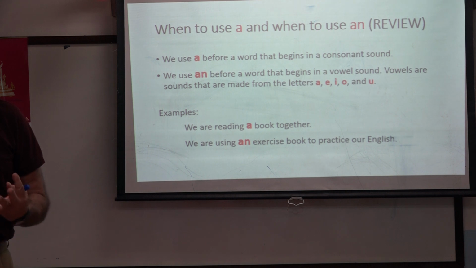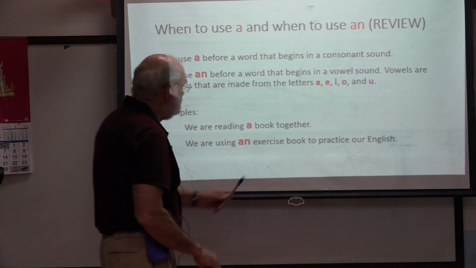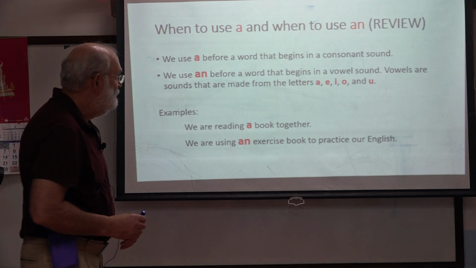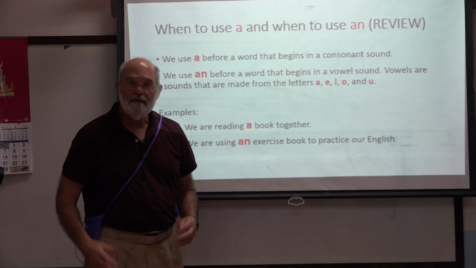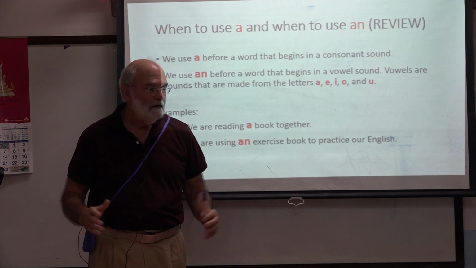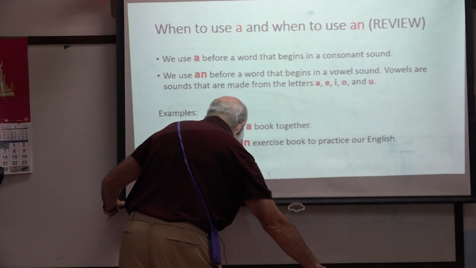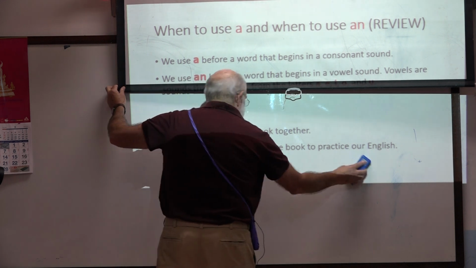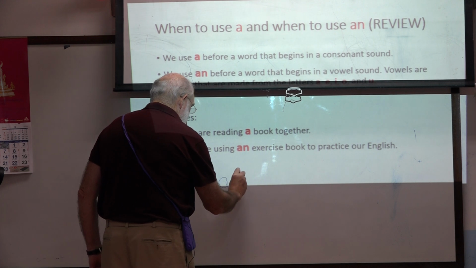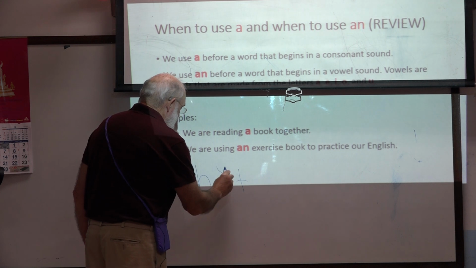And a vowel is A, E, I, O, or U. Now, remember, these letters can actually have different sounds. A long A is A. A short A is A. So when I say hat, that's a short A.